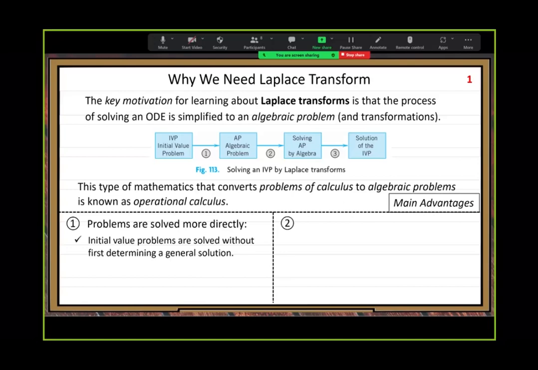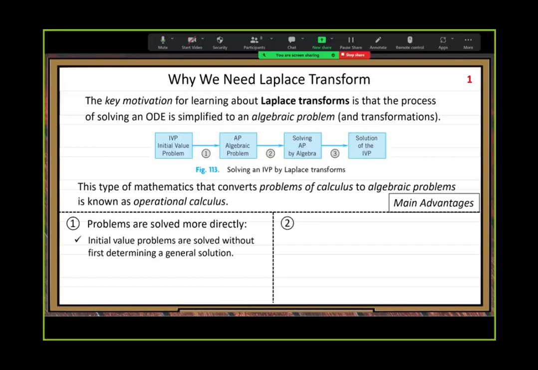Two steps. Here, when we apply Laplace transform, we need to use the initial conditions. So when we find the algebraic solution, the initial condition is already inside our algebraic equation.